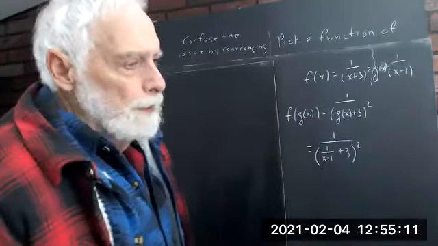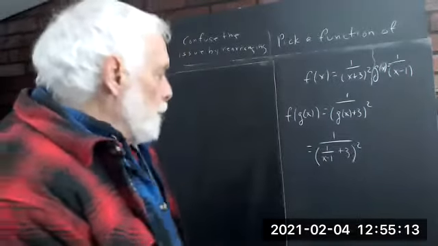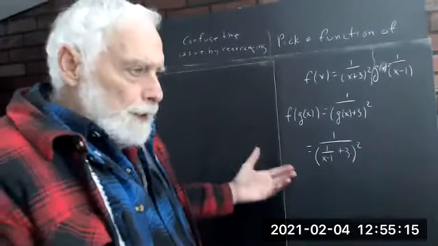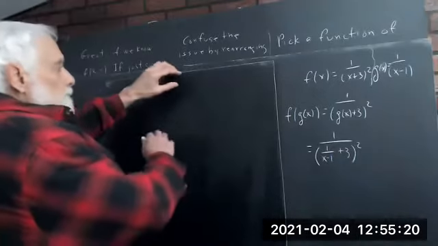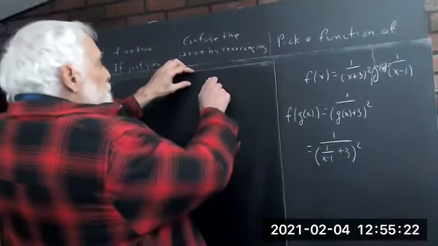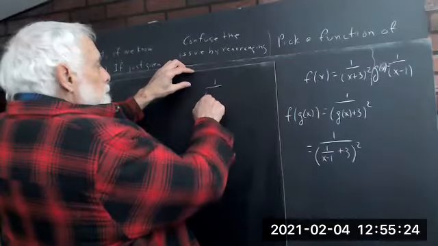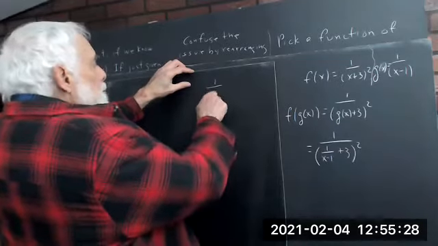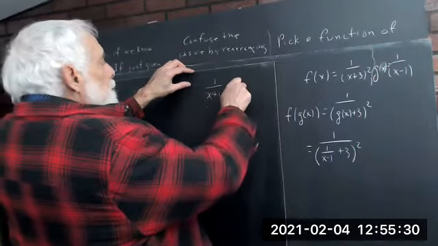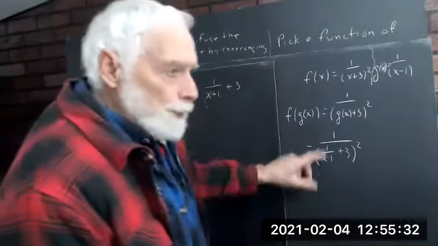And one of the reasons I had you work the preliminary problems on fractions is so you would understand how to add fractions and so forth. Okay, so let's just look at this denominator, 1 over x plus 1, plus 3.